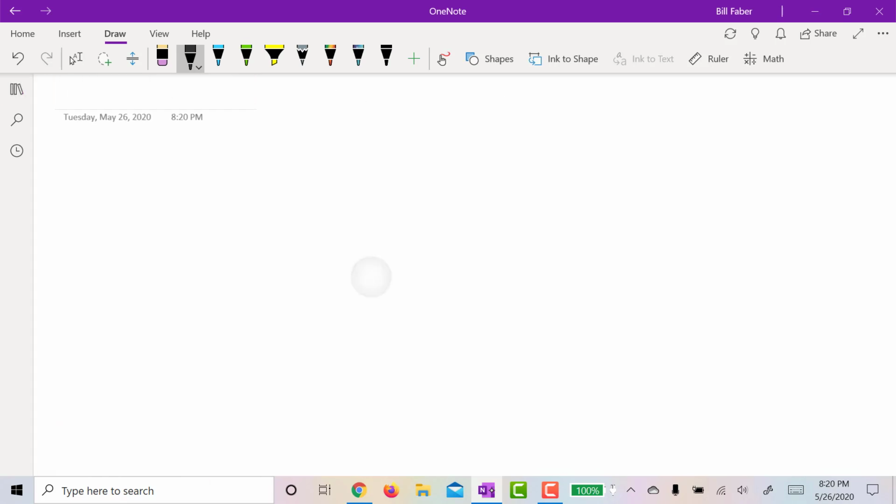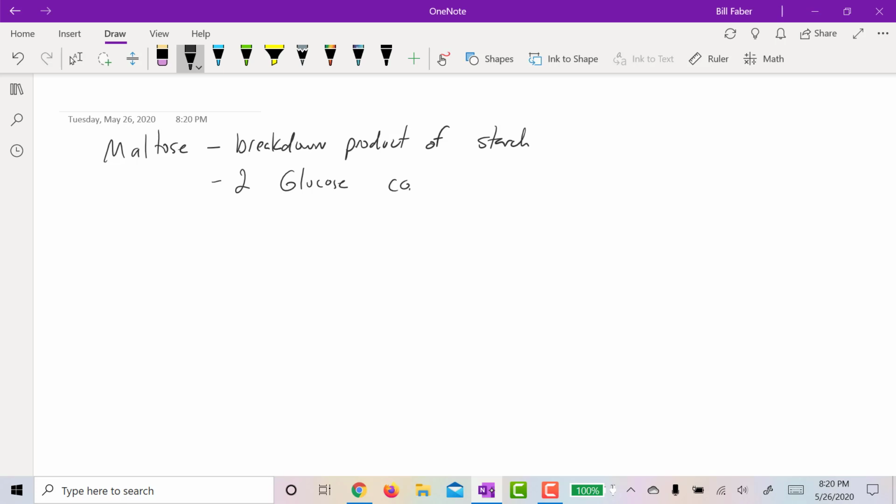Okay, so maltose is, you can think of it as a breakdown product of starch.